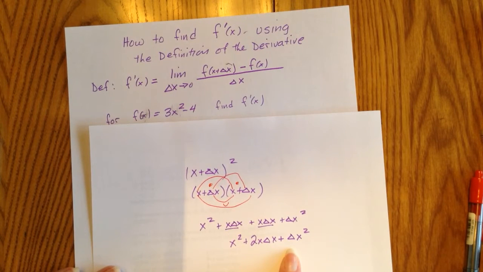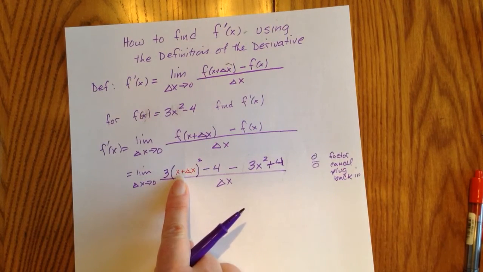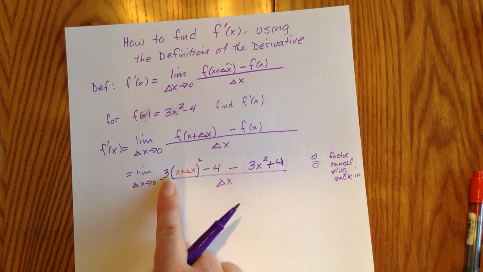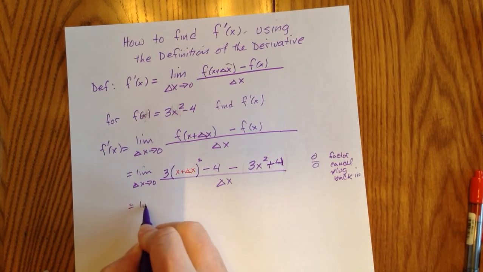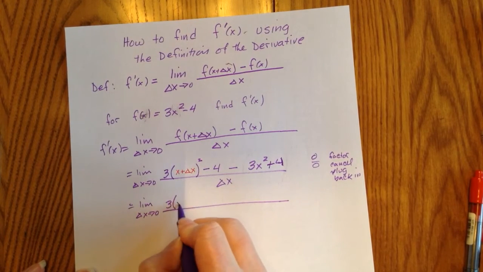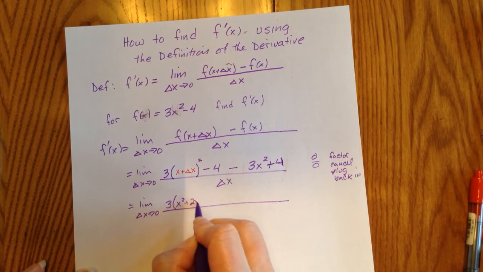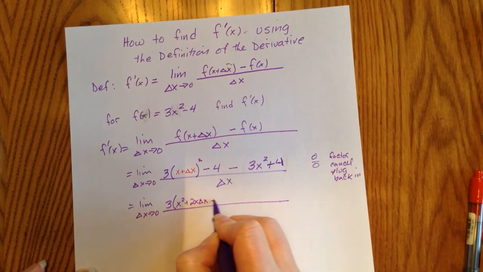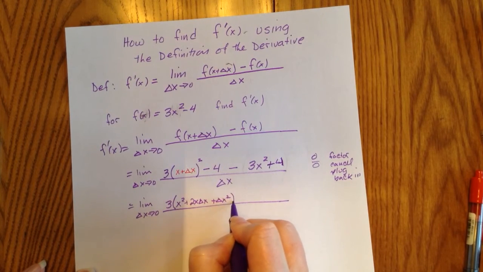All right? All right. So now, come back with me here. I'm going to put this in place of that. I still would have to distribute the 3 though. Limit as delta x approaches 0. Here we go. x squared plus 2x delta x plus delta x squared.